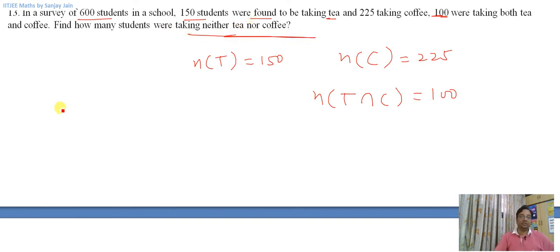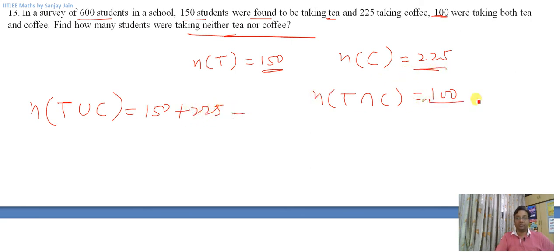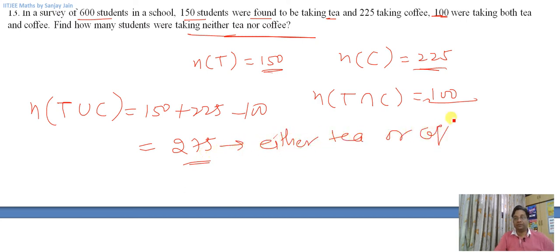So let us first of all find students who take either tea or coffee. So it will be equal to 150 plus 225 minus 100, right? So that is 375 minus 100, that is 275. Okay, so these are the students who take either tea or coffee.